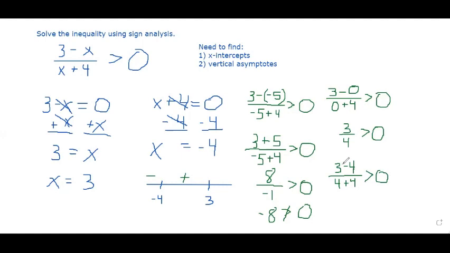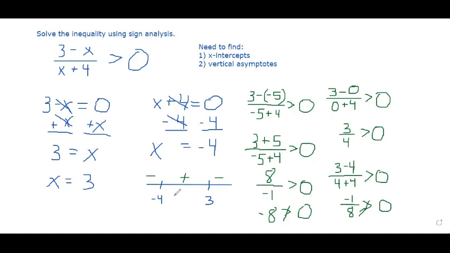So now 3 minus 4, that's -1. 4 plus 4, that's 8. And then we have to determine if -1/8 is greater than 0. But is this greater than 0? Well, we can see that it's not. So therefore, we know that anything that is greater than 3 would not work for the inequality. And also, we get a negative number if we plug in anything that is greater than 3.